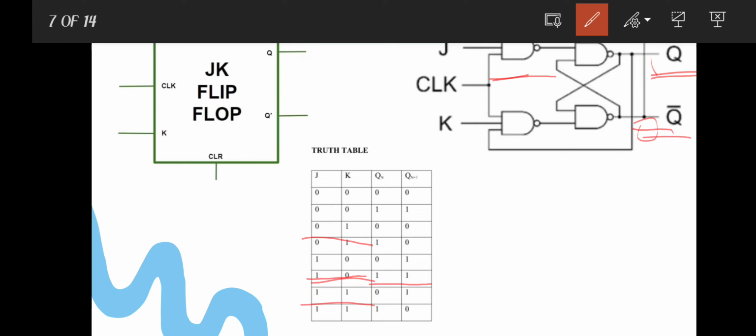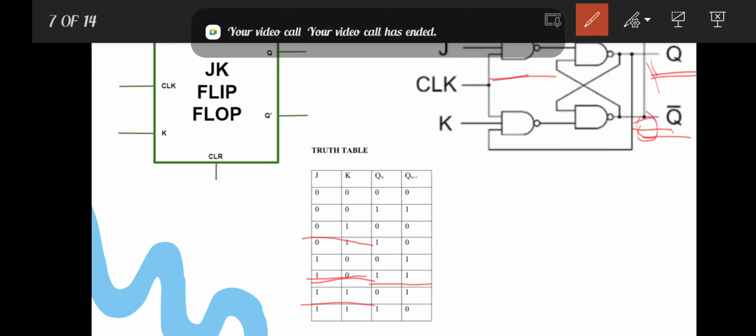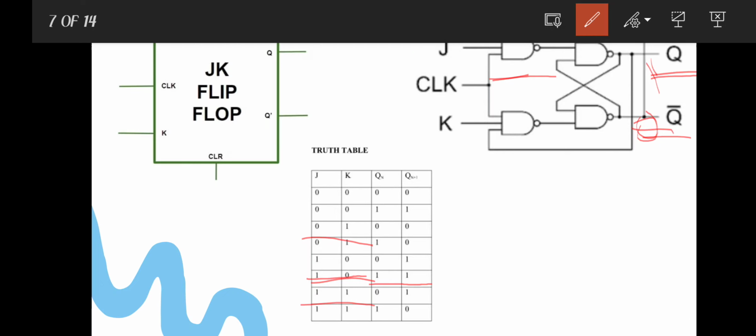So if Q is 1, then Q bar is equal to 0. When both inputs J and K are 1, the output of the flip-flop will toggle. If Q is equal to 0, then in the next state Qn+1 will become 1.